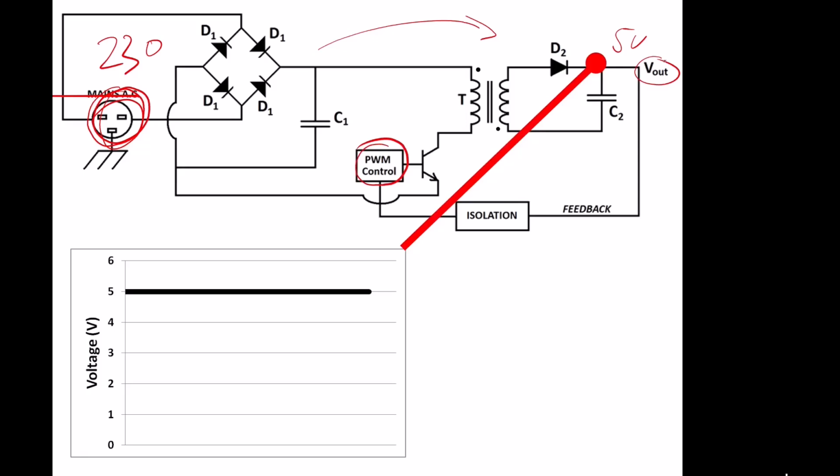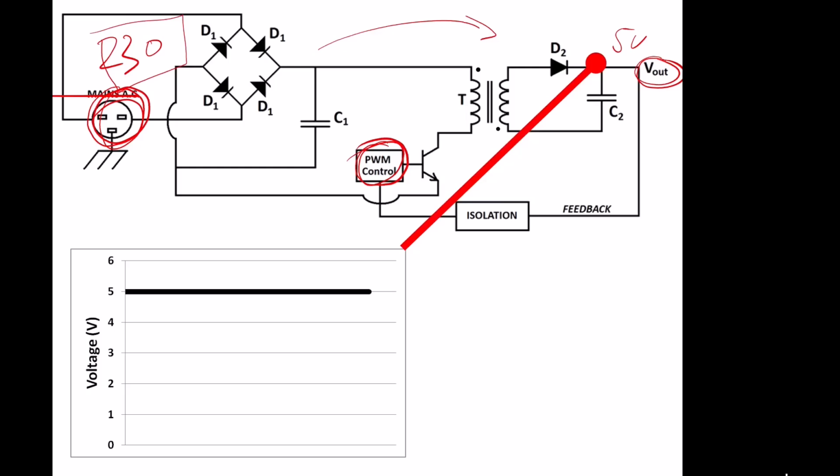So we need a signal going from here to here, but we're not allowed to have a hardwire connection because we don't want to risk electrocuting somebody with this high voltage. So what we have in the circuit at this point is some kind of isolation, so we can send the signal through here, but it's not electrically connected.